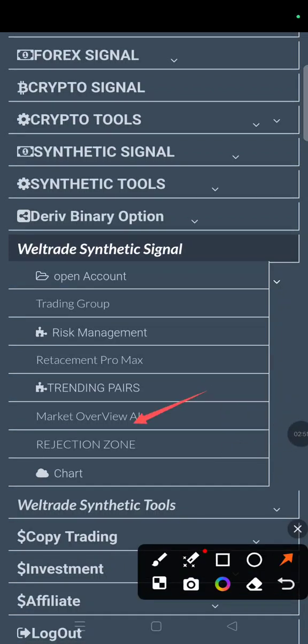Market overview AI. Now we have the rejection zone. We have the trending pair. This is risk management and all of that. So all of them have their different features. I will talk on each of them, but this video is particular about the AI overview.